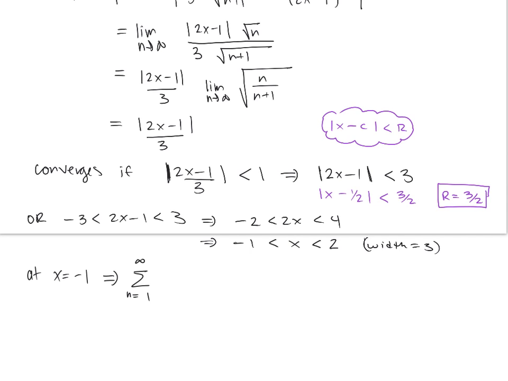So when you plug -1 into 2x minus 1, you get -3 over 3 to the n times root n. I'm now seeing why she had 3 instead of 5. If that would have been 5, I'm pretty sure that, anyway, I don't know why she changed it, but there must have been a reason. We wouldn't have gotten 3, but we would have gotten a different radius as well, so I don't know if it matters.